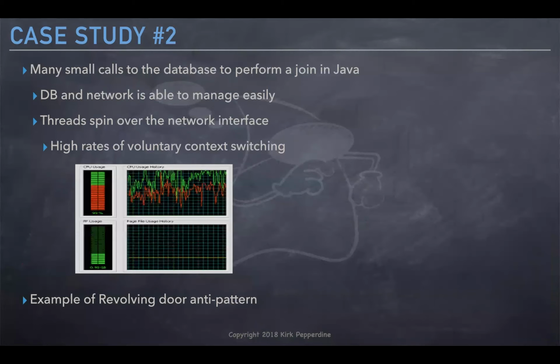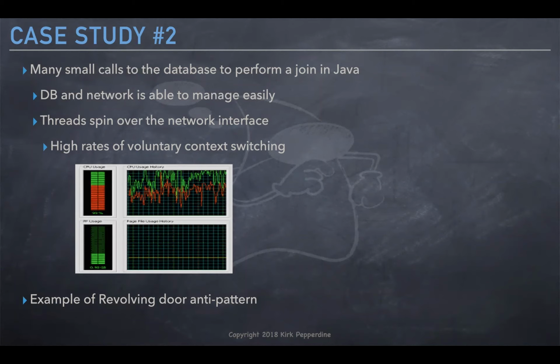In case study 2, what we had were many small calls to the database. So effectively, we're doing get table, and for i equals 1 to size of table, get another data value in another table and join them together, right? The database and the network were very capable of managing this. They were able to scale to that really easily.